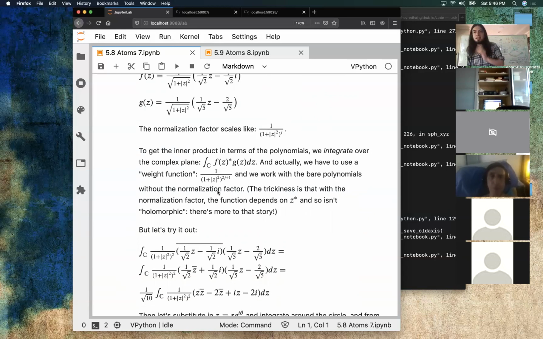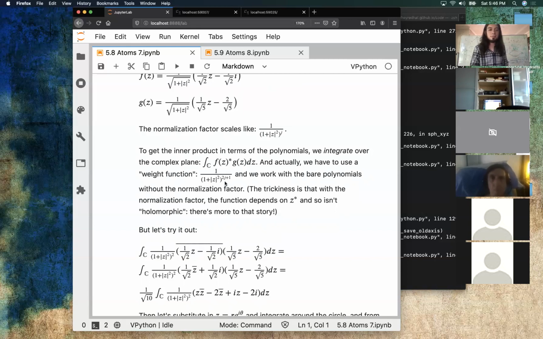And actually, there's a little bit of a technicality here, which has to do with some funky complex number business, and I don't want to go into the whole story here. But it turns out that, in general, when you take an inner product between functions, you have to specify a weight function or a measure. And it turns out in this case, the correct weight function to use is 1 over 1 plus absolute value of z squared to the 2j plus 1.